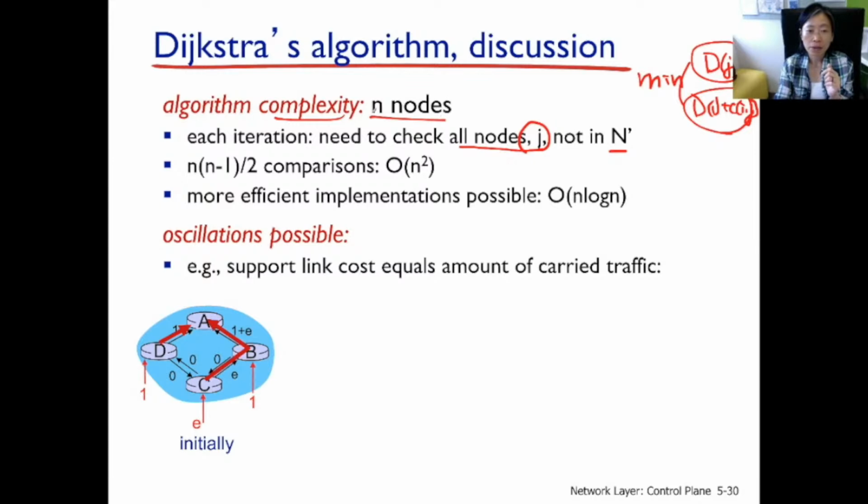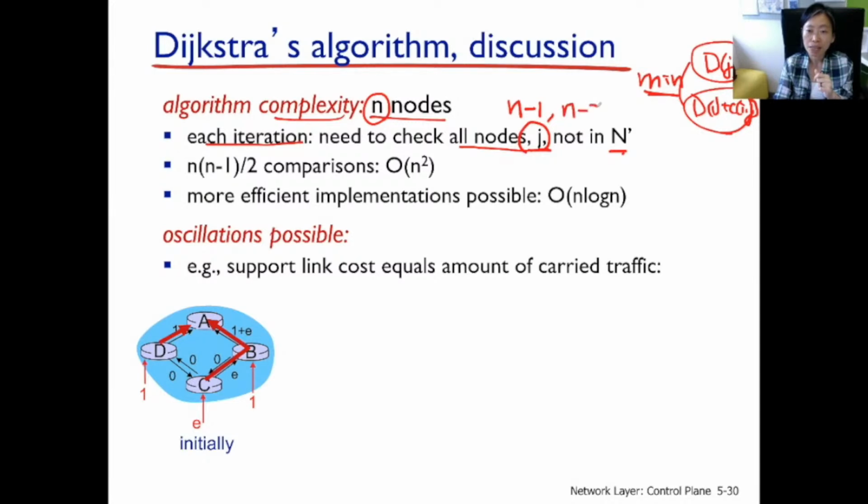Inside the network, there are n nodes. In the first iteration, only the source is in the N prime. How many j's are connected to the source? Yeah, it's fully connected. Therefore, n minus 1 nodes. They will all be j, and we'll need to do min for each of these j. First iteration, we'll need to do n minus 1 comparisons.